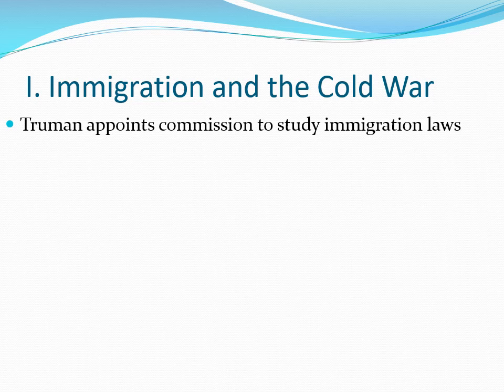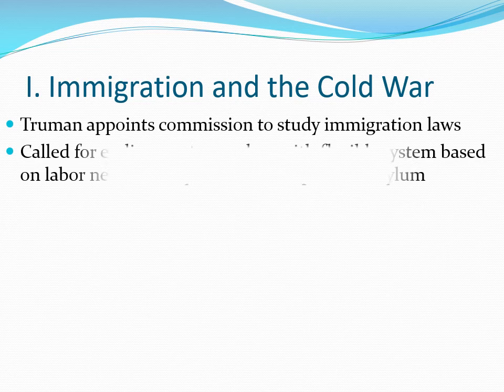Well, President Truman in the late 40s wanted to revise those restrictions, end the quota system that the Johnson-Reed Act had established. The Johnson-Reed Act established very strict quotas, meaning we would only take a certain number of immigrants from nations around the world.